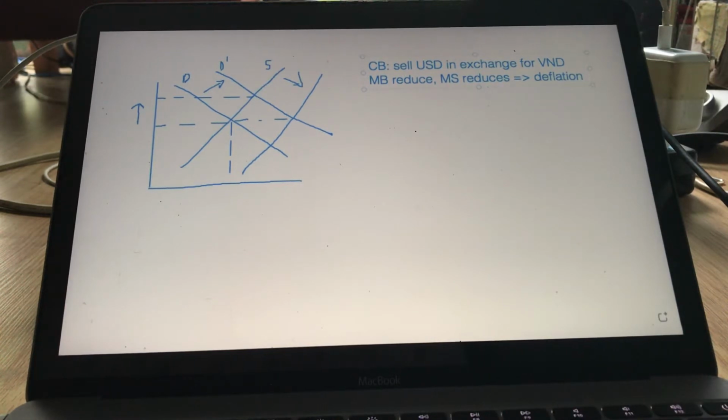Okay. When we study the central bank, it may have a unique objective, or it may have multiple objectives. For the case of Vietnam, the objective is to stabilize the economy in terms of inflation and the exchange rate. And the central bank also has to support the government to improve economic growth and keep a low level of unemployment.